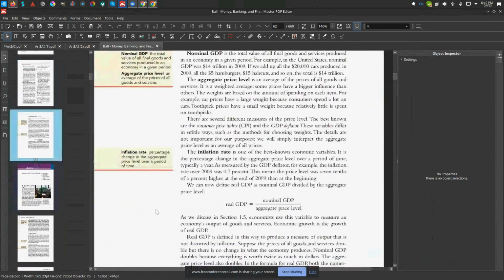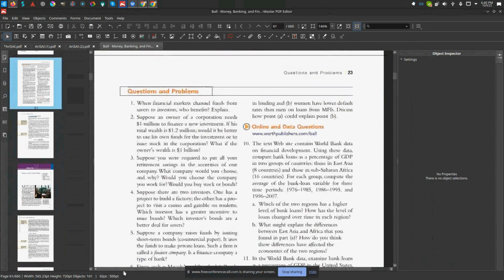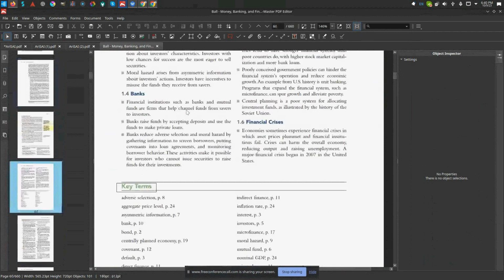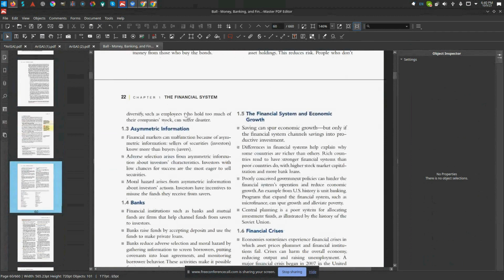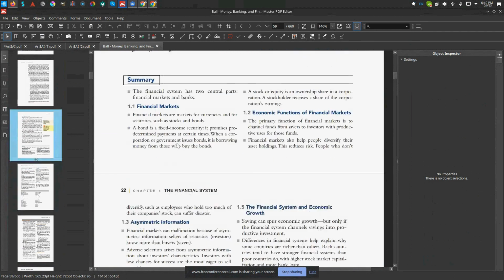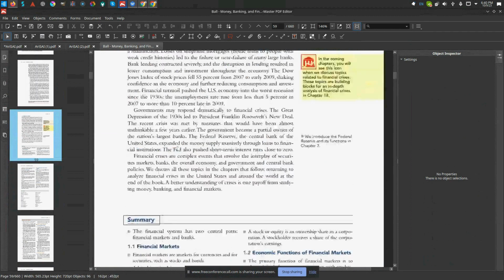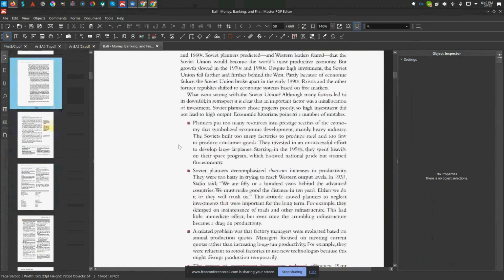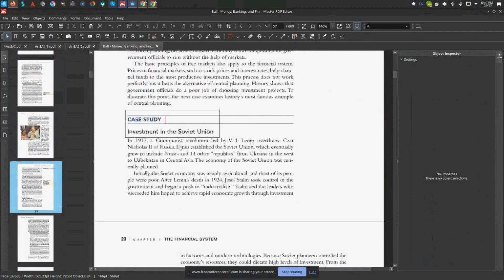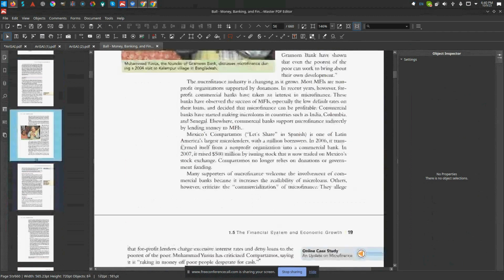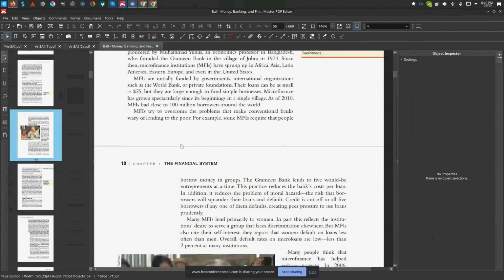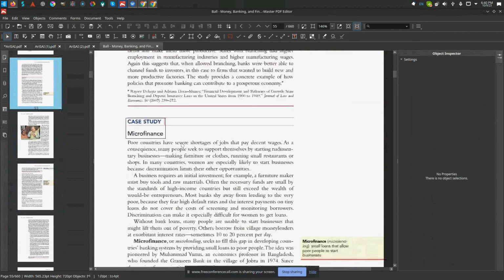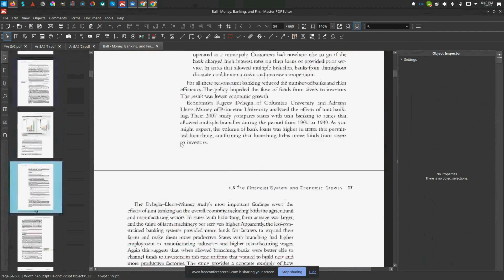We're looking for 1-3. 1-3 is right here. This is the section, but let's back up a little further because it's going to give us the summary. I want to actually go back to the actual chapter because there's something in this that you need to read. And not only do you need to read it, you need to apply it.